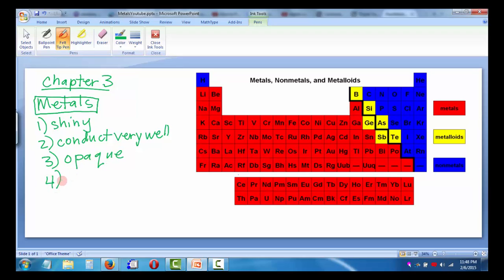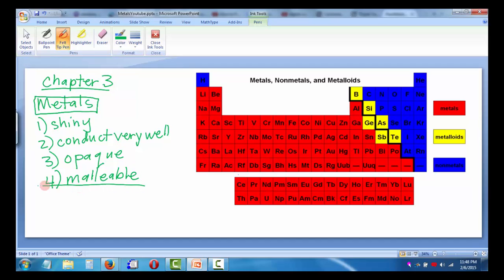And 4, we can say they are malleable, which means we can strike it and bend it into any type of position that we want.